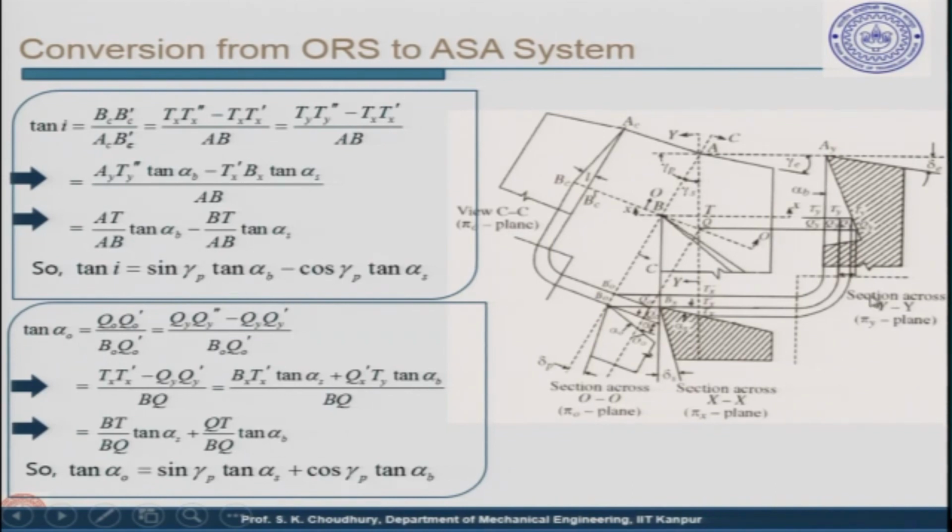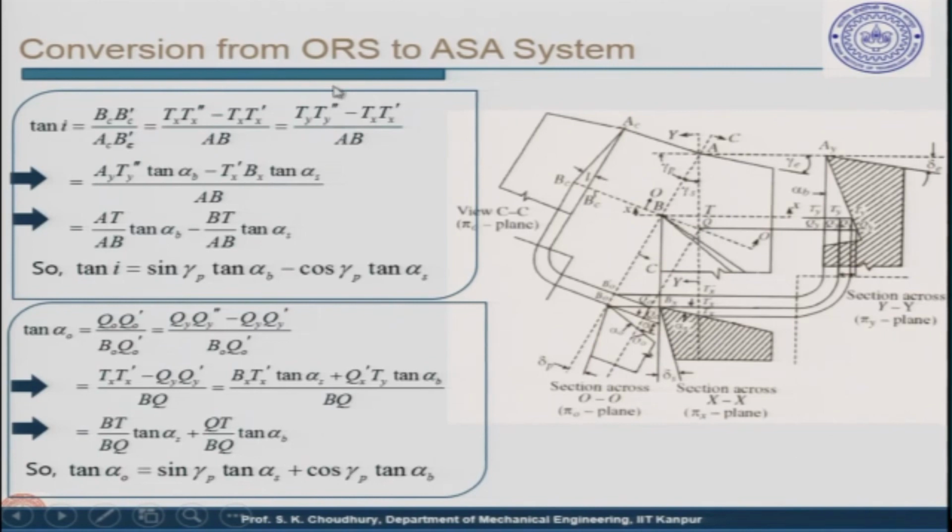Now, similarly, tan of this alpha O, the orthogonal rake angle, can be found from geometry as this divided by this, Q0 prime. B0 Q0 prime can be projected to B0 Q0, BQ, like in here. So, this is in the base plane and so on.